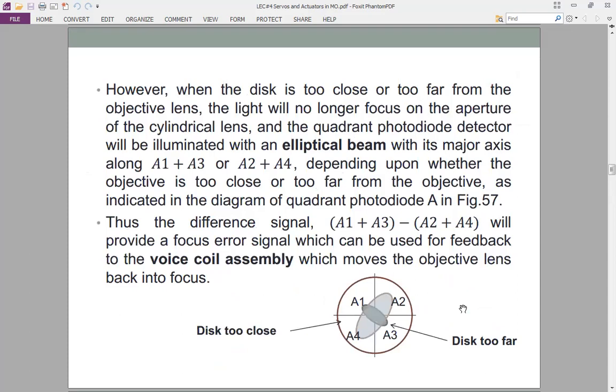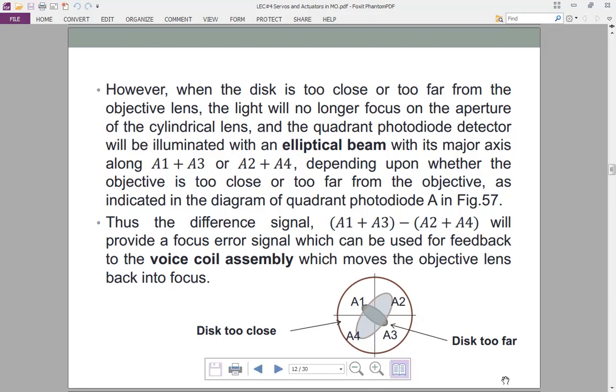However, when the disk is too close or too far from the objective lens, the light will no longer focus on the aperture of the cylindrical lens, and the quadrant photodiode detector will be illuminated with an elliptical beam.